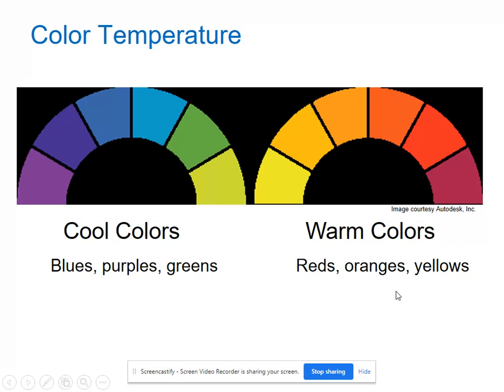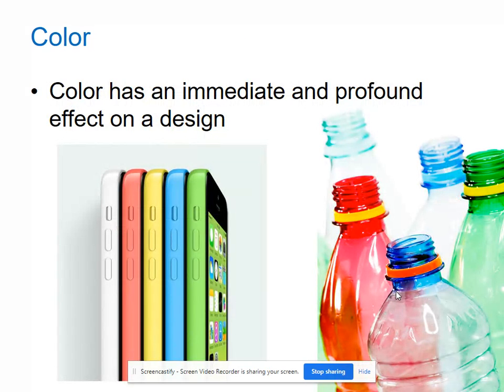Oranges and yellows, those are also warm colors. Think about fire. Fire is typically represented by red or yellow or orange colors, right? Then we have cool colors. Again, on a faucet, the blue color, that's going to be cool. And those are things like blues and purples and greens, stuff like that.